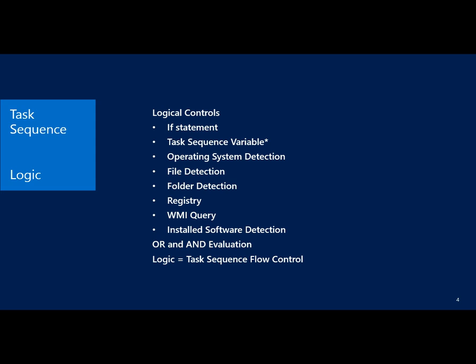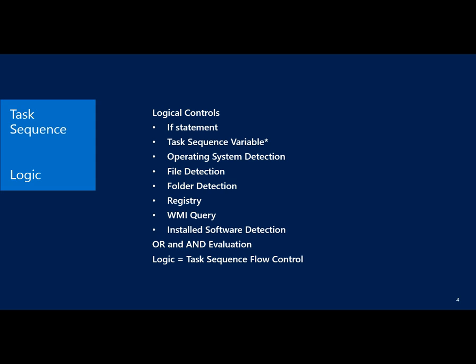And to give you an idea where this kind of stuff is really useful, a very common imaging scenario that I still see is folks will build a task sequence for each type of machine that they're trying to build. Well, the real nirvana of imaging is if you can build one task sequence that handles every build scenario that you have.